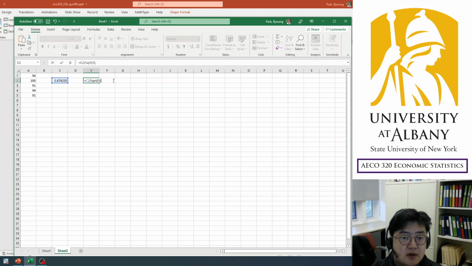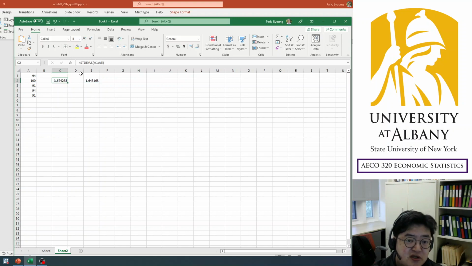Okay? By the way, it may be confusing. When you calculate the standard deviation, because we are using the sample variance formula, the denominator is n-1 there. When you calculate the standard deviation by choosing the .s option, you are using n-1 in the denominator, but we are taking a denominator again.